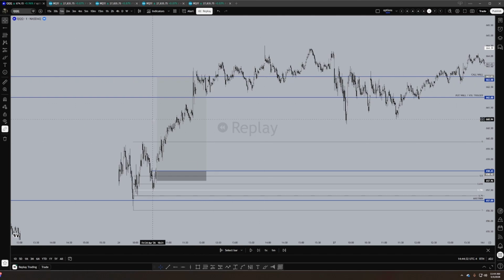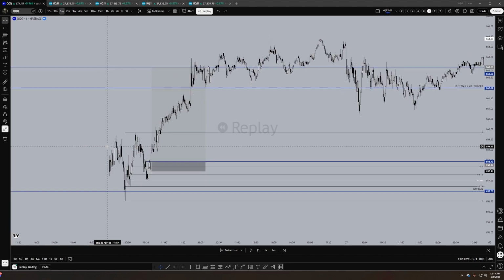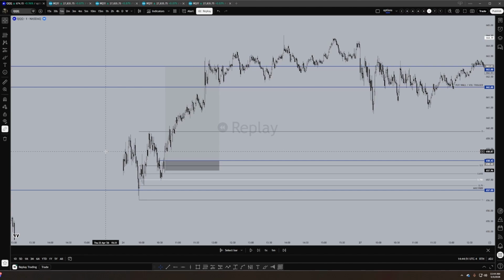Now, I want to make this very clear, right? GEX levels are not magic, and they're not going to predict every single move. However, they do show you where options positioning is. They show you where dealer hedging may dampen volatility, and they can really give you a clear overview of what to expect on price for the day.